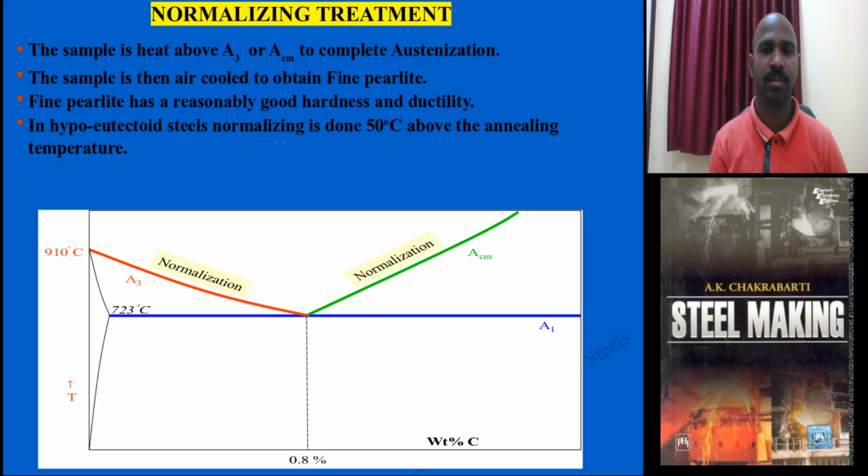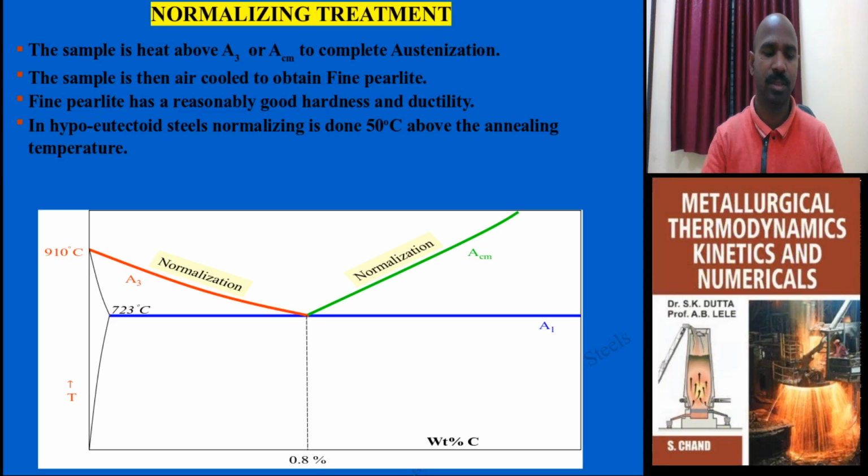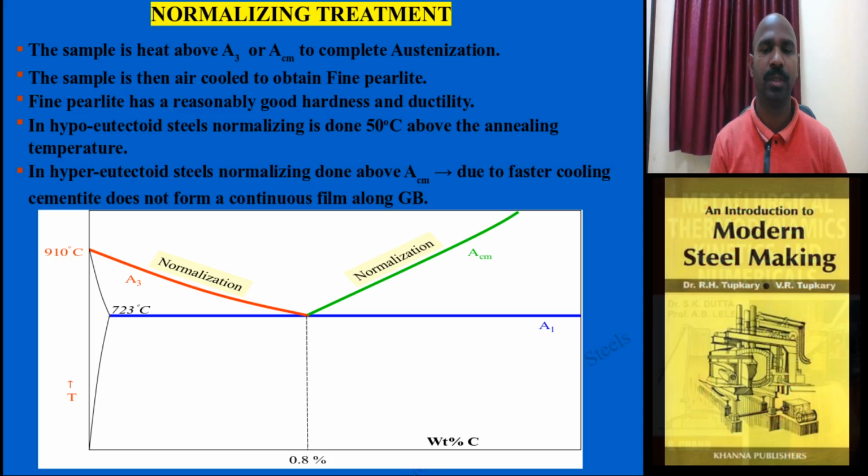For hypoeutectoid steel, mainly a temperature of A3 plus 50 degrees was chosen, as was done for annealing. Similarly, for hypereutectoid steels, only the ACM temperature. For example, for the annealing process it was A1 for hypereutectoid steels, and for normalizing it is the ACM temperature.